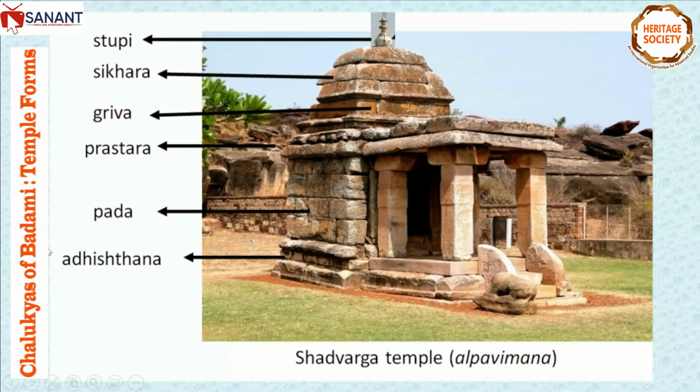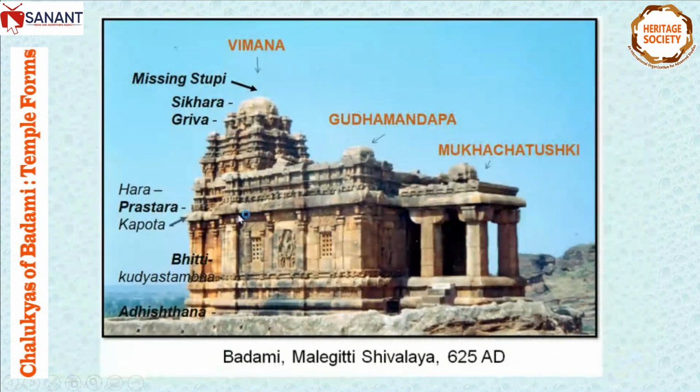Or there are temples which have more than one story, when you see the number of vargas goes on increasing by 2. For example, this is Ashtavarga temple, two more additional stories being there. So again, here you have Adhisthana and Bhitti, Prastara, Griva, Shikhara. Stupi is missing here. Those 6 components are there.